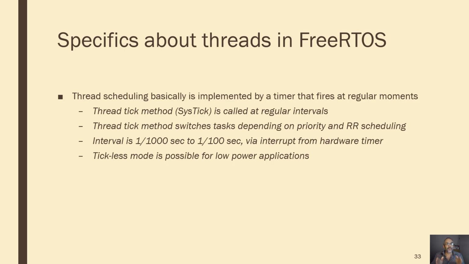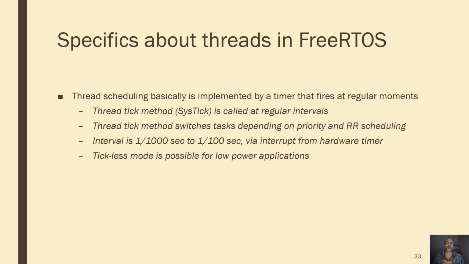Whenever that timer fires, we have a so-called SysTick, which switches the threads. So it switches from one thread to another one, depending on the priority and depending on the round-robin order. All the threads get a turn, but only the threads with the highest priority. That is done by the SysTick scheduler in the FreeRTOS system, and it's running every millisecond to 10 milliseconds.